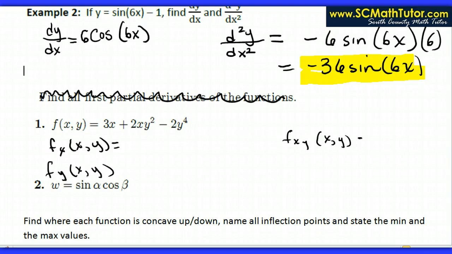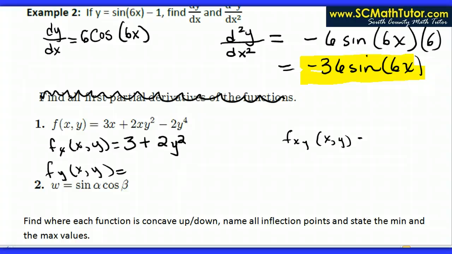Okay, the partial derivative with respect to x means you are finding the derivative of x and making every other variable a constant. So this first one would be 3, plus the second one would be 2, since y is a constant, so it's just going to be tagging along, 2y squared.